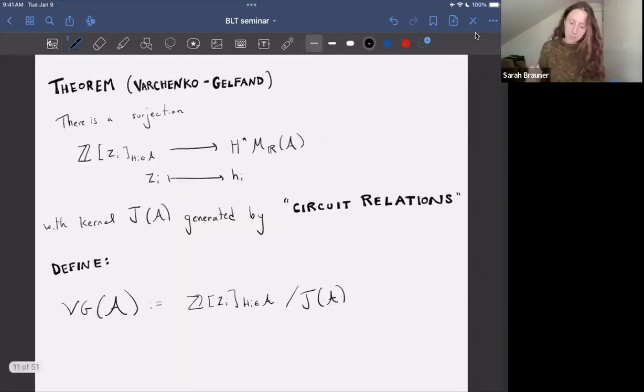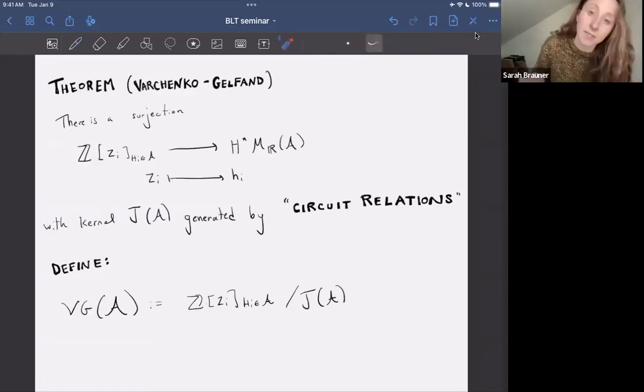Okay, and so what Varchenko and Gelfand proved is that these Heaviside functions are used to give a presentation of this cohomology ring. So in particular, there's a surjection from the polynomial ring in generators indexed by my hyperplanes, and I send them to these Heaviside functions, okay?